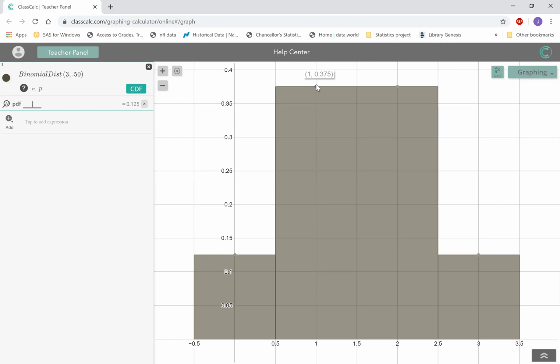So that represents X is equal to 1, the probability of X is equal to 1 at 0.375. The next one says X is equal to 2 and then 0.375. So that's telling you the probability they have 2 girls is 0.375. And lastly, the probability of 3 girls, because X is equal to 3, P is equal to 0.125.